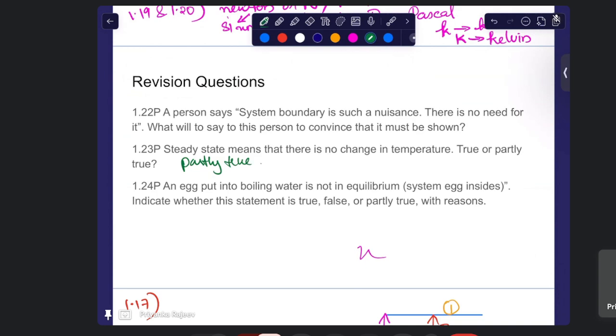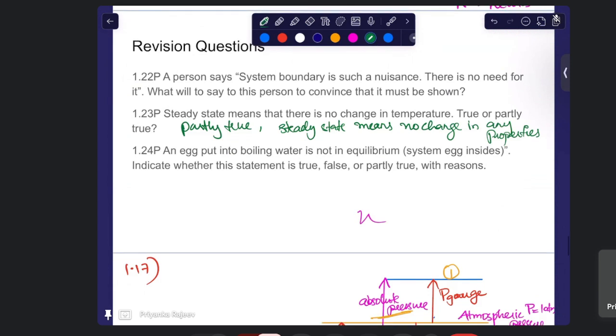Steady state means no change in any property, with respect to time. With respect to time is also missing from the statement. So that is the complete statement.